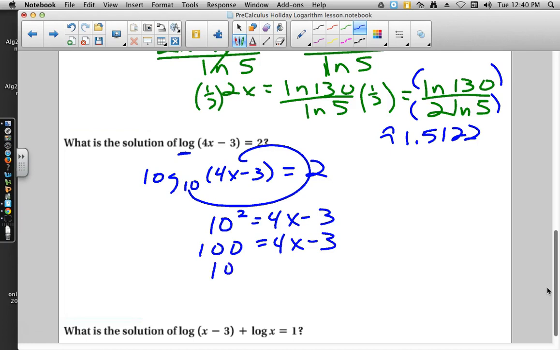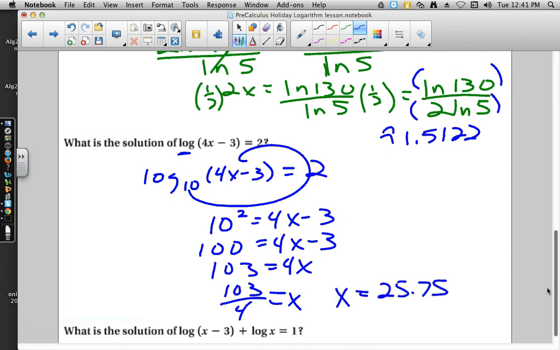So we would add 3, and we would divide by 4. Then we plop that into our calculator and hope for something nice, and it is something nice. It is 25.75, exactly. So when you have logarithms, you want to have them condensed into a single logarithm so that you can just snail shell and solve.